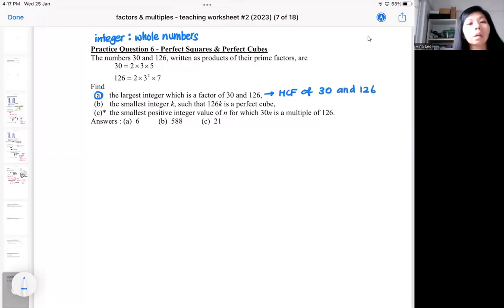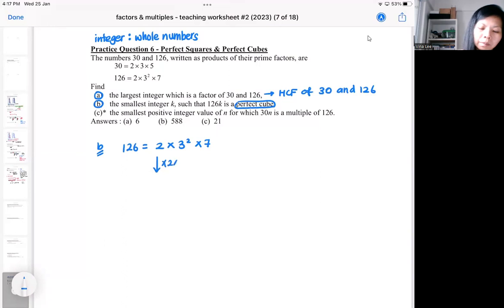Okay, so for part B, your job is to make 126 into a perfect cube. So you must multiply something to make it into a perfect cube. Again, what's the definition of a perfect cube? The powers must be divisible by 3.